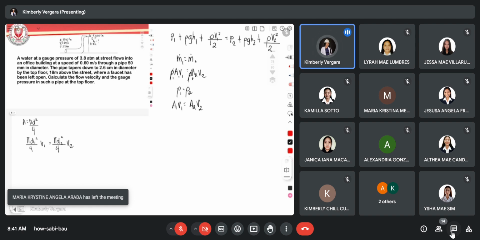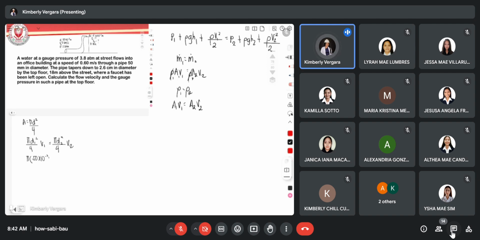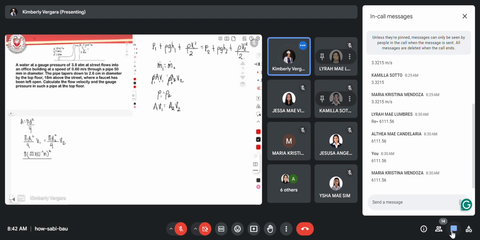So let's substitute our given quantities. Pi times d1, which is 50 times 10 raised to negative 3 meters squared all over by 4, times V1, which is 0.6 meters per second.